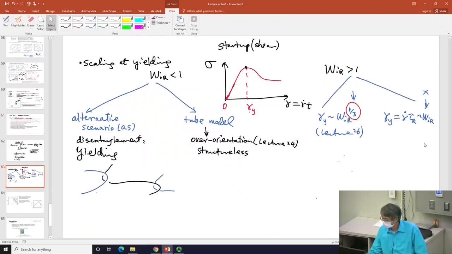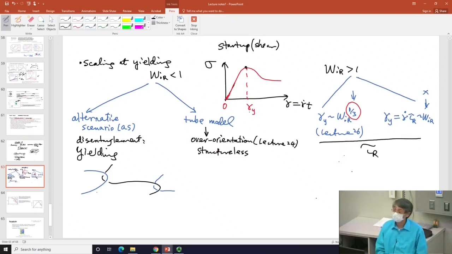One of the difficulties here is that a good determination of tau R may not be trivial experimentally. But I would not say with hesitance that this is experimentally found. No experiment showing much stronger scaling. And all this issue also depends on how entangled you are. So it's not a final thing, but it's pretty clear to us. Okay.